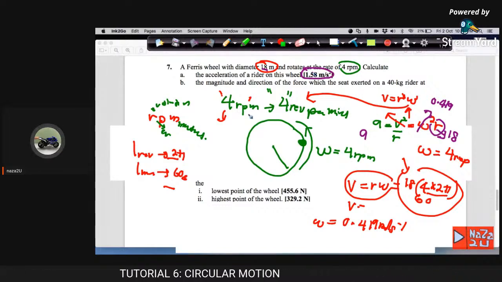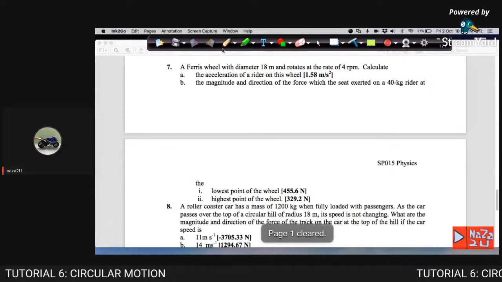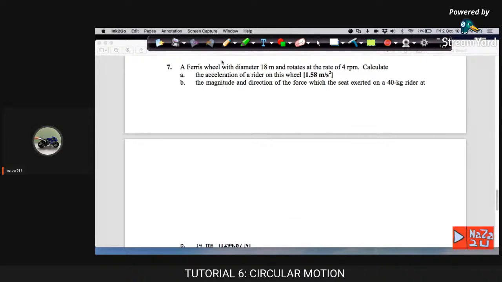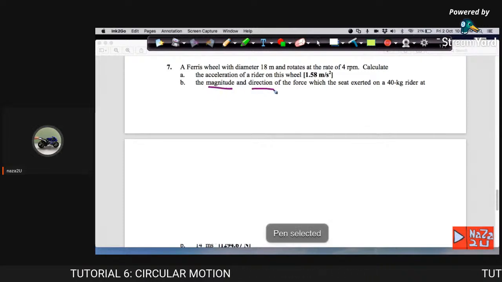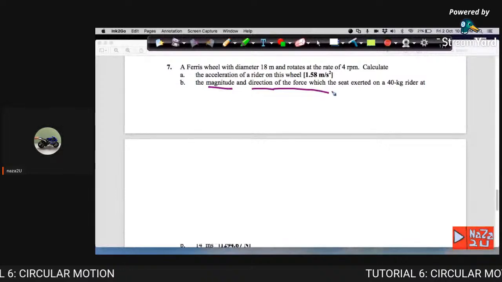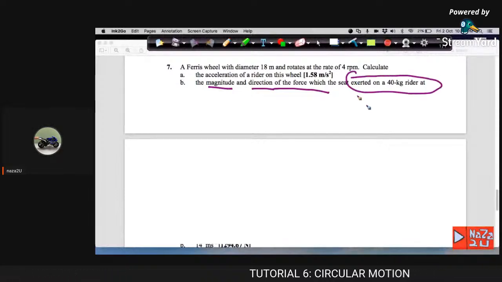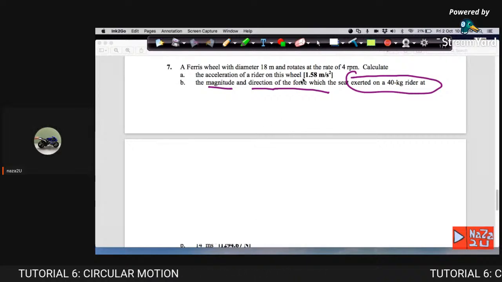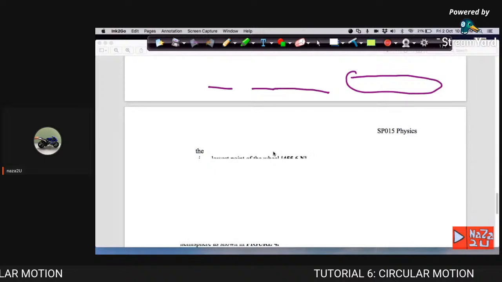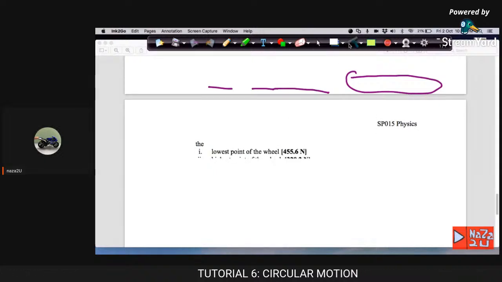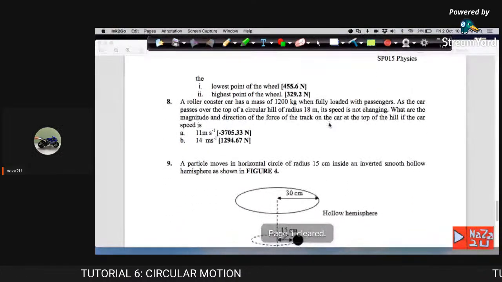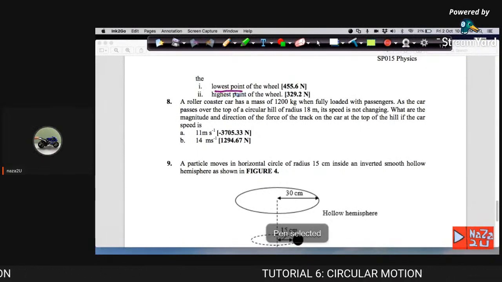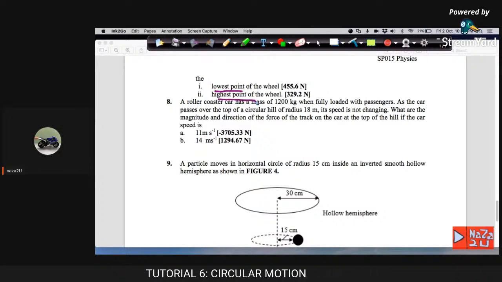Okay, so next question number 7B. So the 7B here, the magnitude and direction of the force the seat exerts on the 40 kg person. Okay, so now if we look at the question, sorry, there are two situations: at the lowest point, and at the highest point.